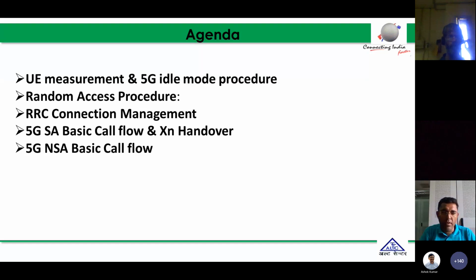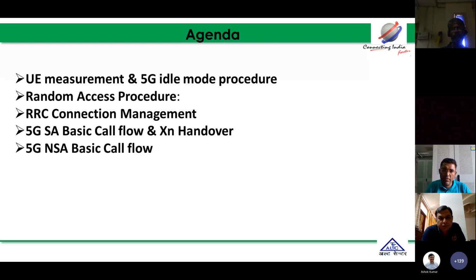Then we will discuss the random access procedure and RRC connection management, and then standalone basic call flow and non-standalone basic call flow.